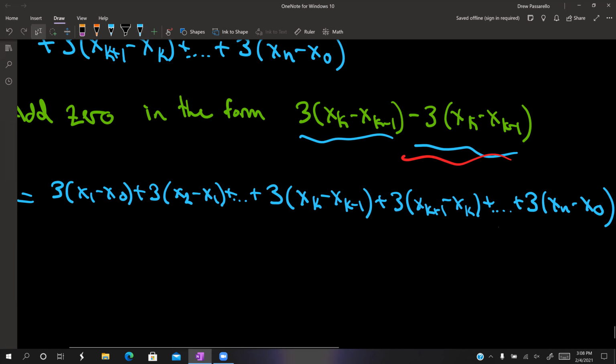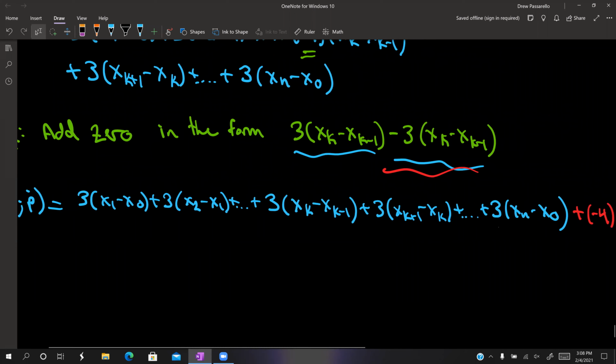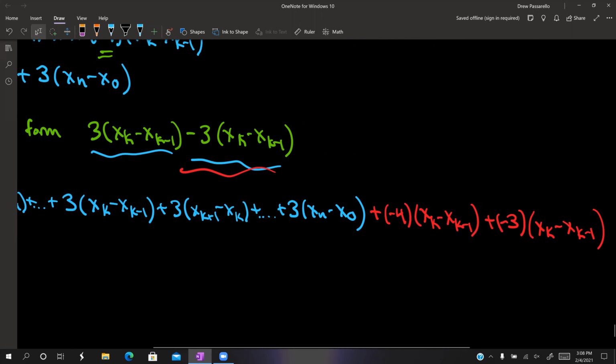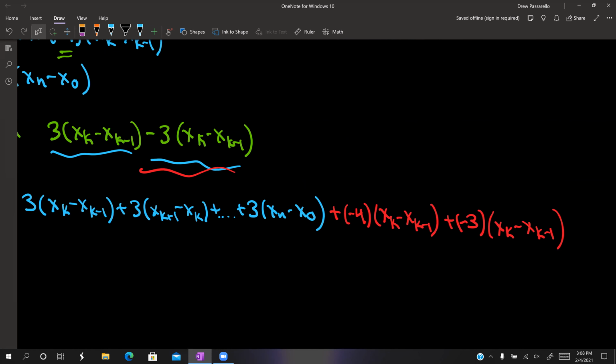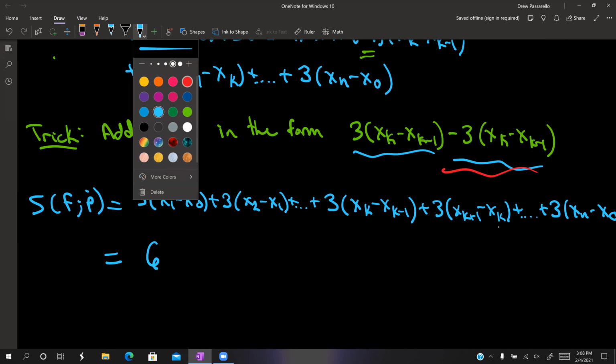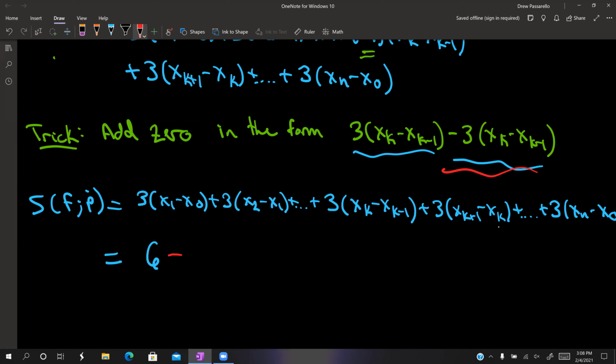All the stuff in blue is 6. And the stuff in red, which is -4 times something plus -3 times the same something, are like terms, so that makes -7. So it'll be 6 plus -7, or 6 minus 7 times xk minus xk minus 1, which we know is a little bit less than 6.